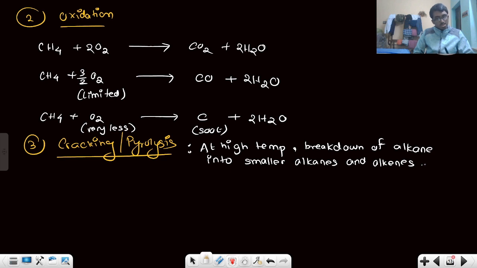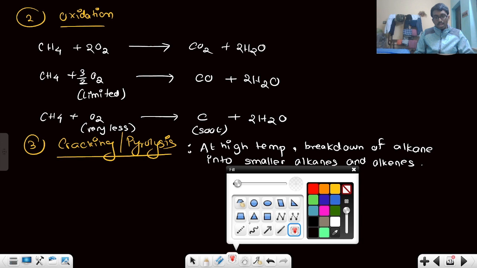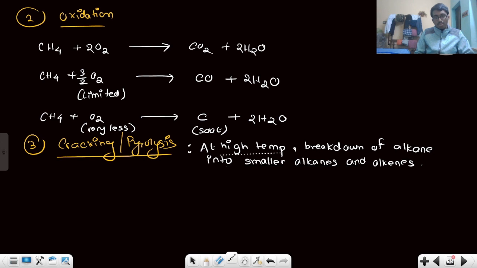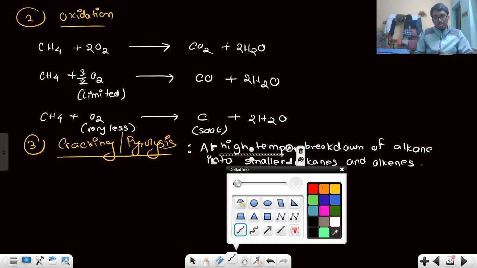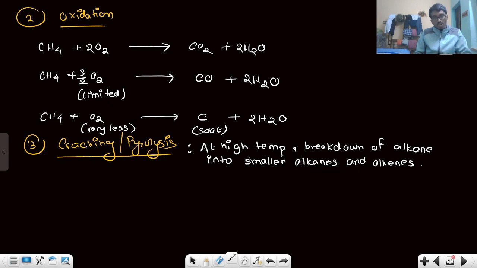Done? Understood? Clear? So you have to remember that the words high temperature are important over here, because this occurs only at high temperatures. Not at any temperature. It will occur at higher temperature only. High temperature, breakdown of alkane into smaller alkanes and alkenes is called cracking or pyrolysis.